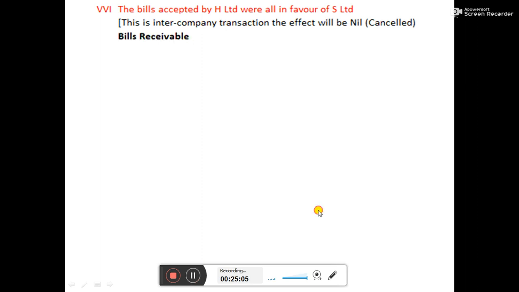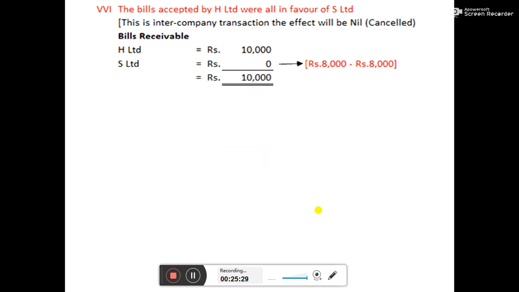So in bills receivable, we will see H Limited is supposed to receive 10,000 and S Limited is supposed to receive 8,000 rupees as bills receivable. But the full 8,000 they are supposed to receive from H Limited. So this is an intercompany transaction. The full 8,000 will be nullified and nothing will be shown. And 10,000 will be the total that will come in the notes to accounts and then the balance sheet.